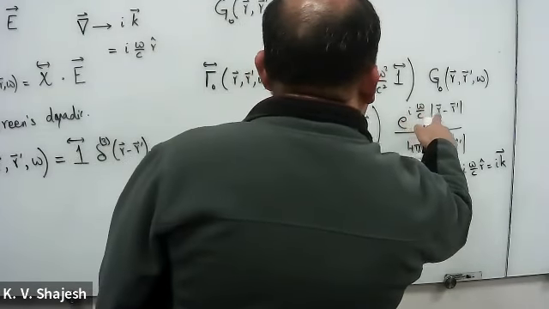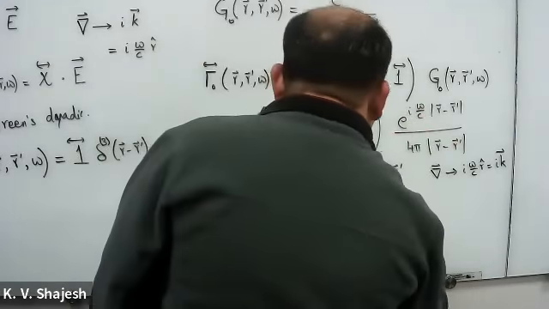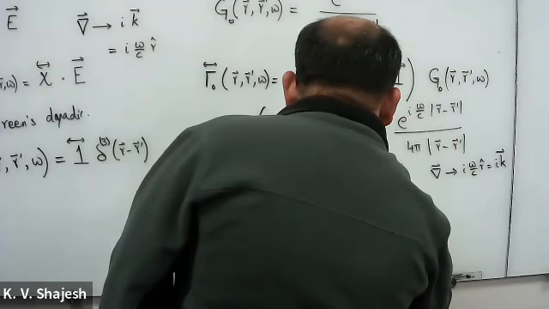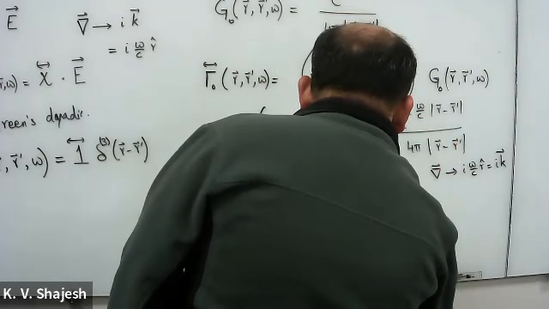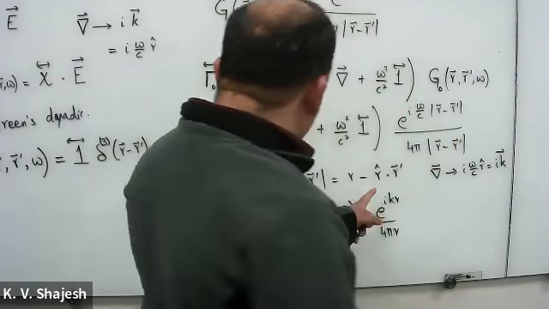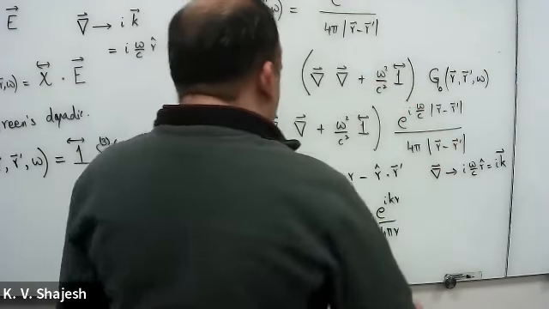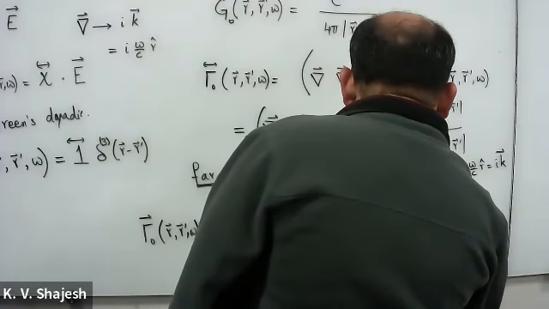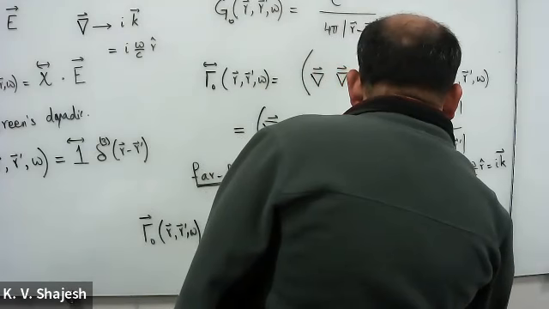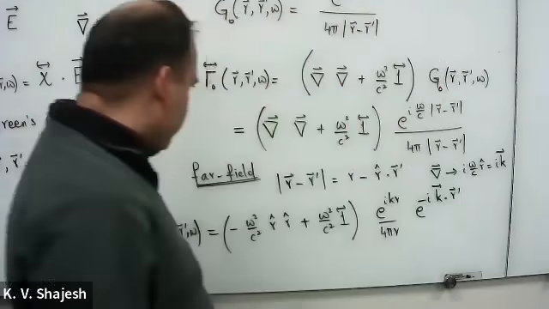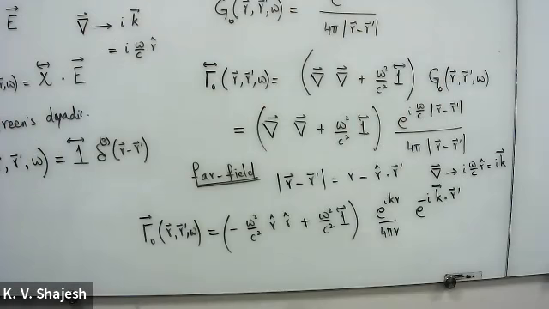This is ik, and when I replace this, there is an ikr, and the denominator just becomes 4 pi r. But there's also this piece remaining, which is nothing but e raised to minus ik dotted with r prime.